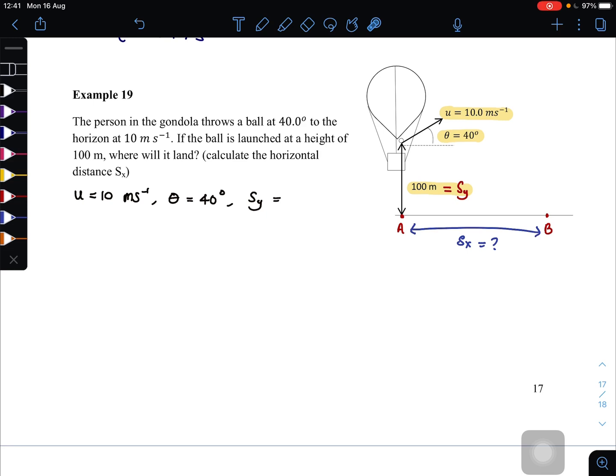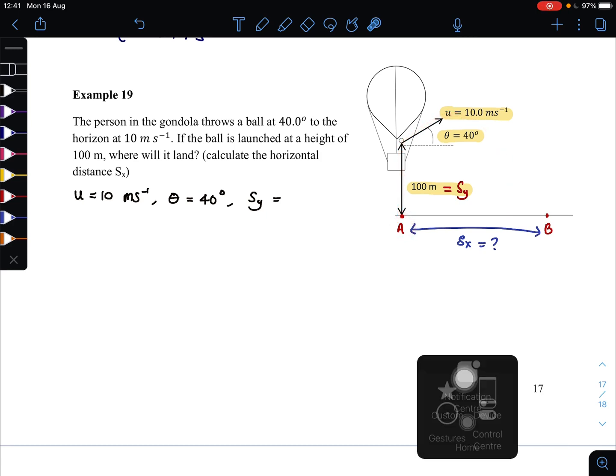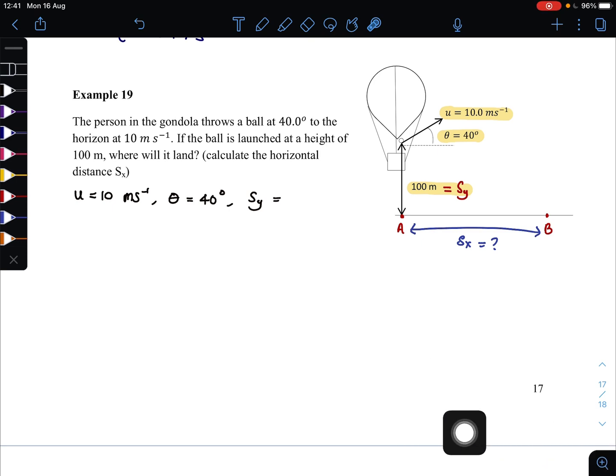Okay, since the ball is above the point A, and then dia akan jatuh ke bawah, meaning that the displacement here must be negative. Okay, sebab dia the direction is downwards, so displacement must be negative.